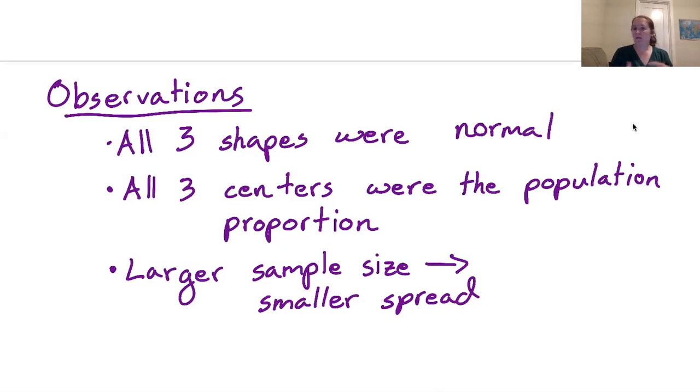If we have a larger sample size, that means the surprising things will be balanced out. We just have more chance to get a representative sample if we're picking a larger sample. And so it's more likely that the proportions will be closer, so smaller spread.